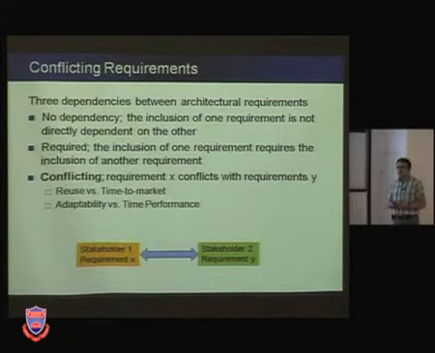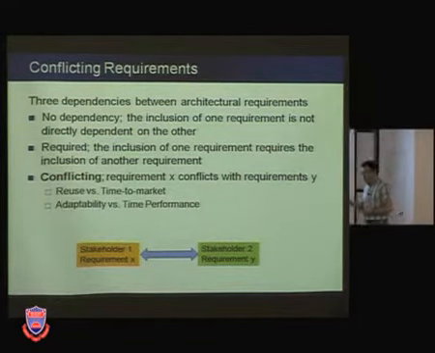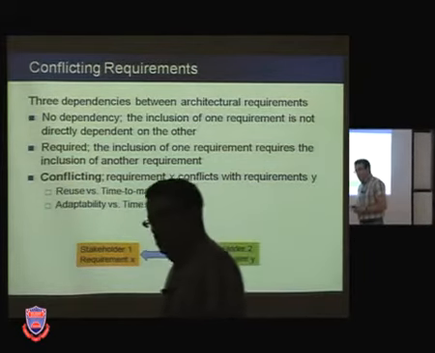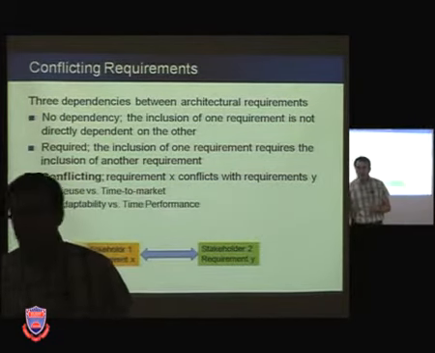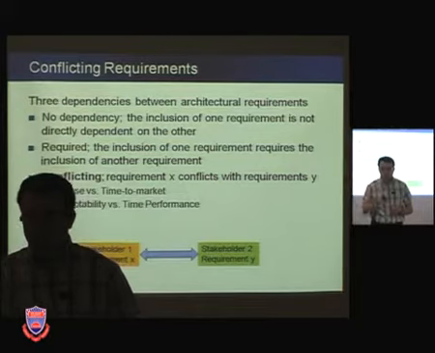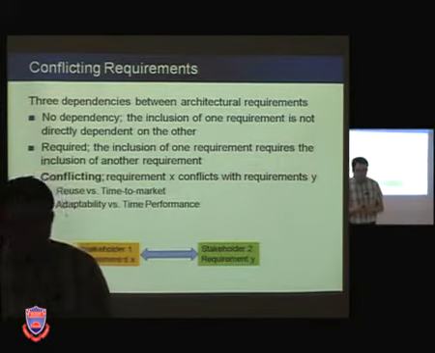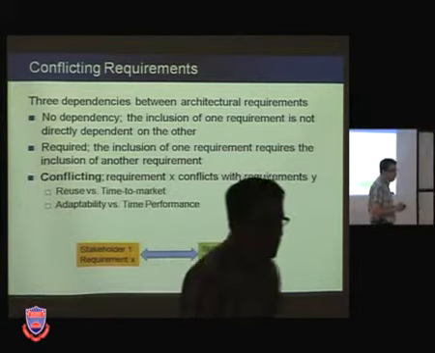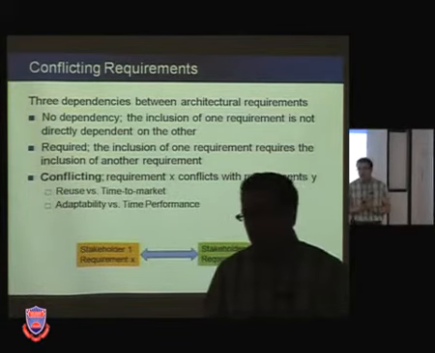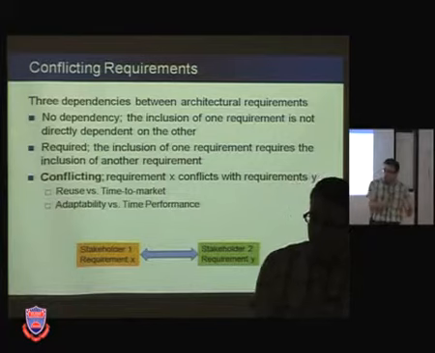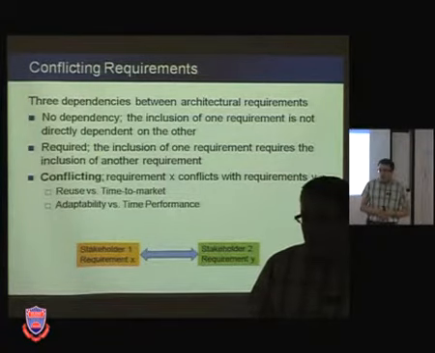Adaptability versus time performance. The system should be very adaptable, but it should also react very quickly, for example, in our case, to the eye movement. In general, adaptability conflicts with time performance. Because for adaptability, we should make more components explicit.